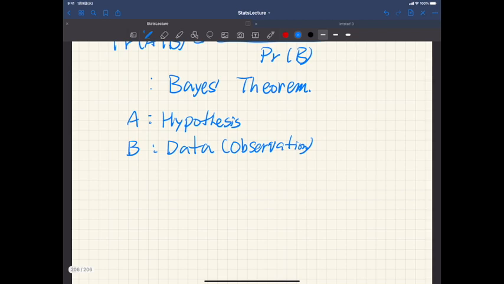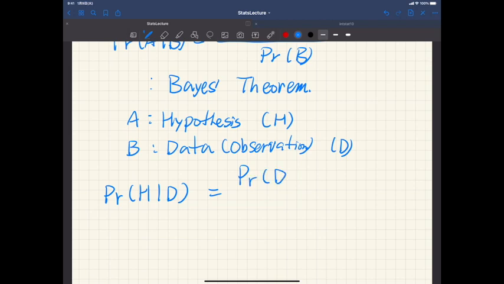So let's call this H, and let's call this D. Probability of hypothesis given data is equal to the probability of data given hypothesis, times probability of hypothesis, divided by probability of data.